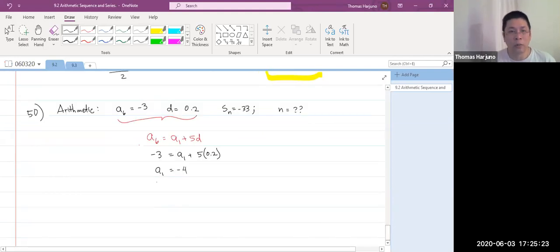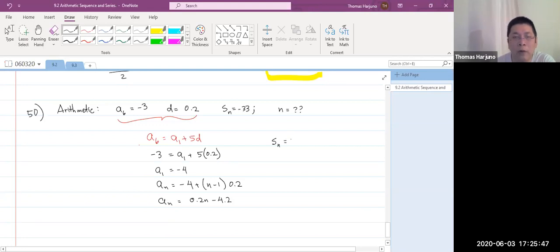The general term, therefore the nth term, will be -4 plus n minus 1 times d, 0.2. So the nth partial sum of this arithmetic sequence is n over 2 times the first term -4 plus the last term 0.2n minus 4.2.